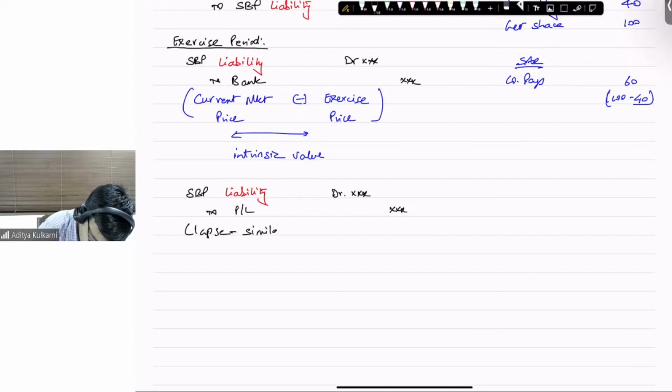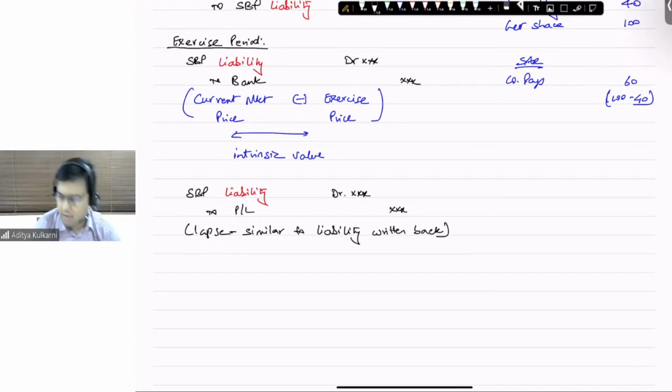This will not go to reserves because it never went into equity in the first place. It was not equity. It was just coming in as a liability. So therefore SBP liability to P&L.